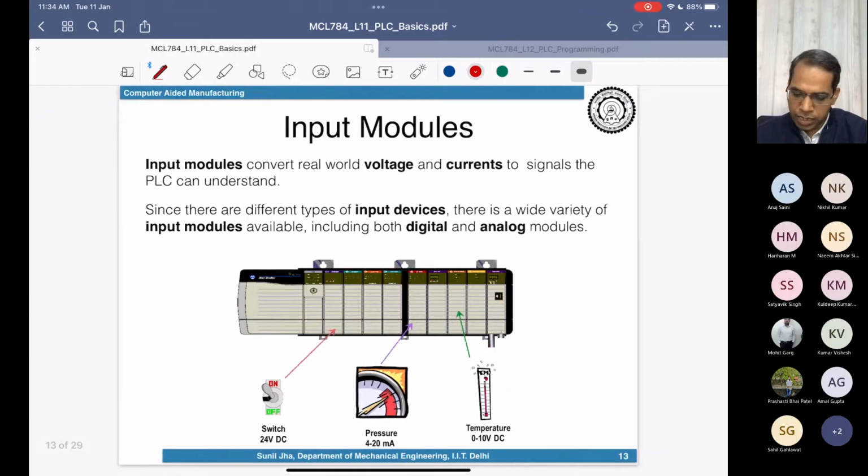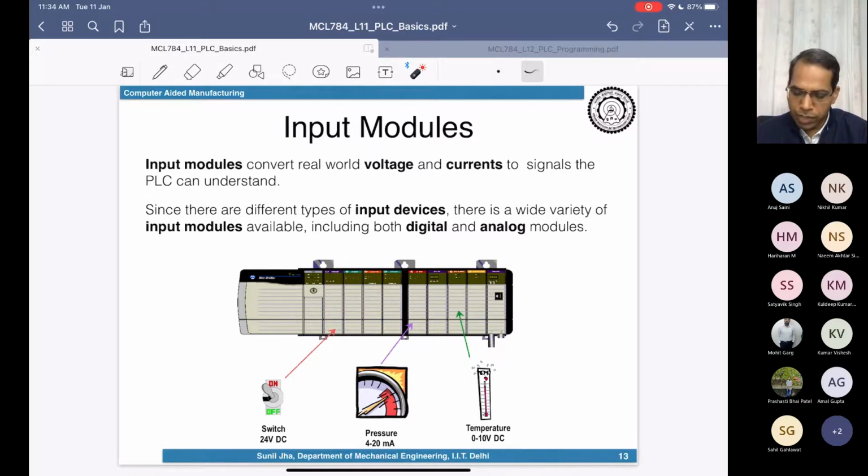Now, if you see here, this is a PLC rack where you will have a controller and then different IO modules. These are the IO modules that are connected over here. As I was mentioning, we will have AI modules or DI modules, and similarly output modules.